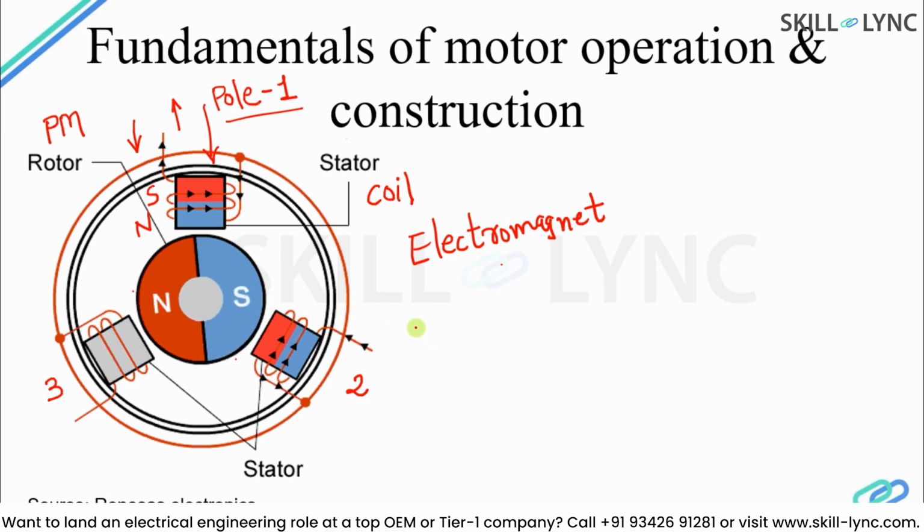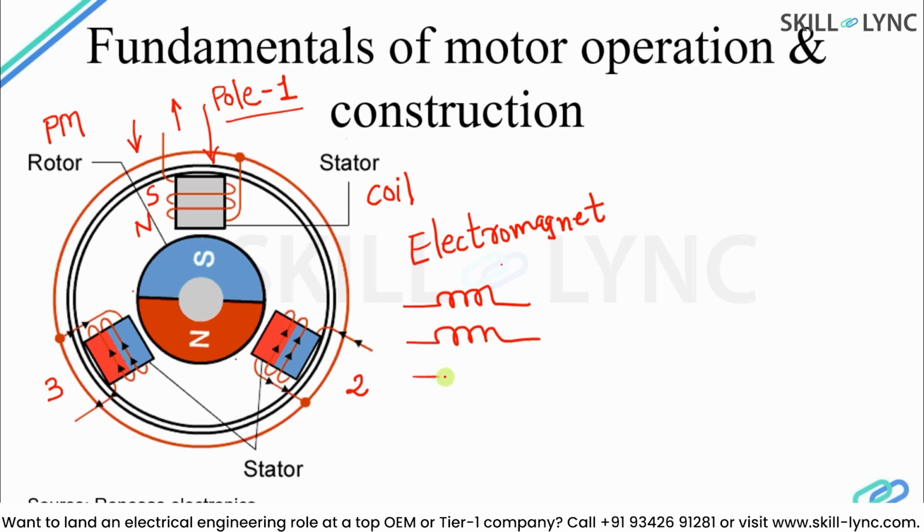And if you see the coil connections, if I simplify them, this is the first pole winding, this is the second pole winding, and this is the third pole winding, and they are connected through a star connection. Because they have common points, these are the points where the ends of all windings are made common.